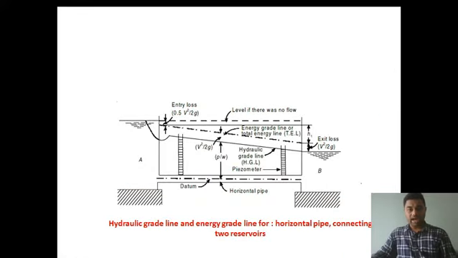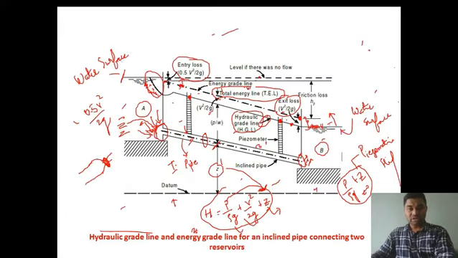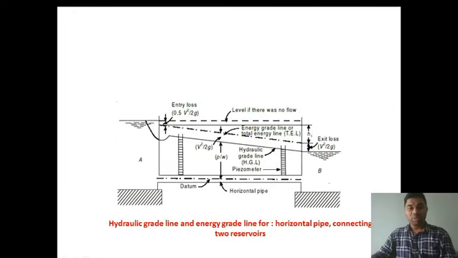Now look at the hydraulic grade line and energy grade line for a horizontal pipe. Here the pipe was inclined, so there was a value of Z. When the pipe is horizontal, the reference line becomes the center axis of the pipe.